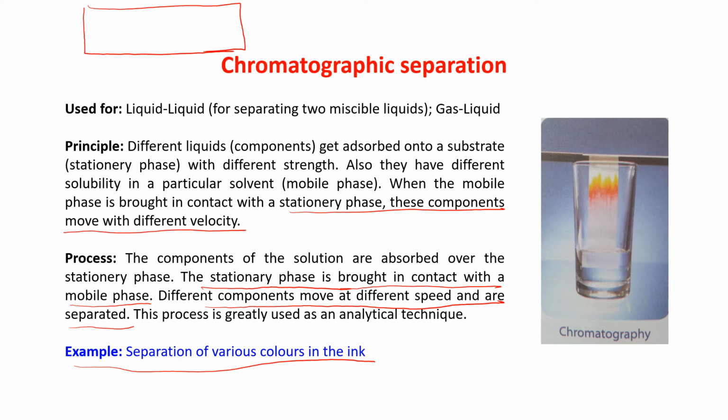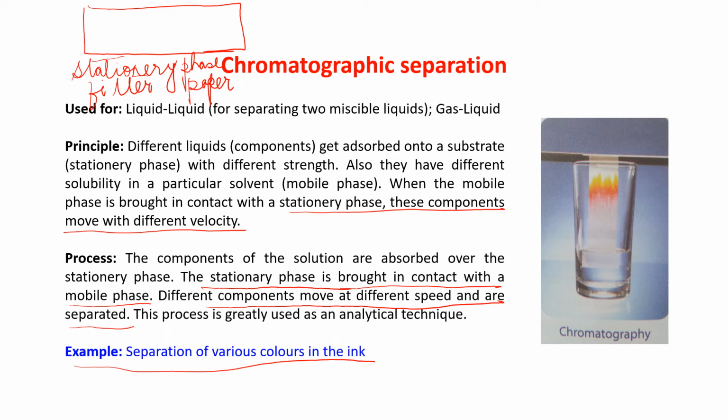Suppose this is the filter paper. The stationary phase is filter paper. A filter paper is having cellulose, so it can absorb the particles.